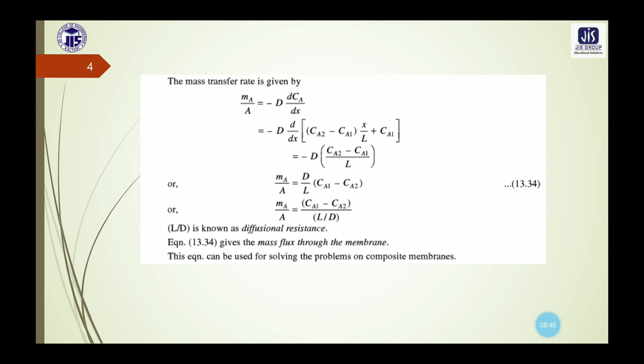Now in mass transfer, again we get a diffusional resistance, which is L by D, in the case of steady state diffusion through a plane membrane. This equation number 13.34, MA by A equals D by L into (CA1 minus CA2), gives us the mass flux through the membrane.